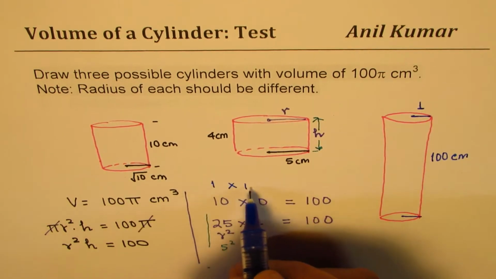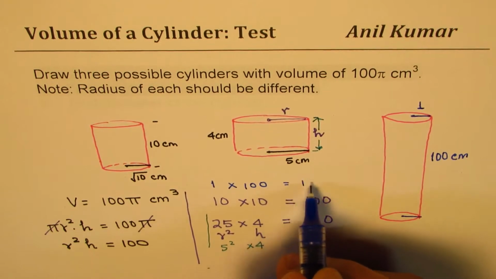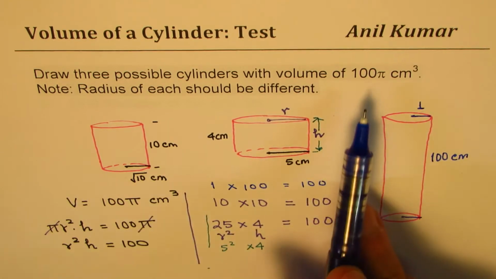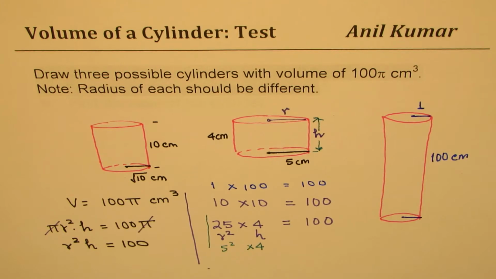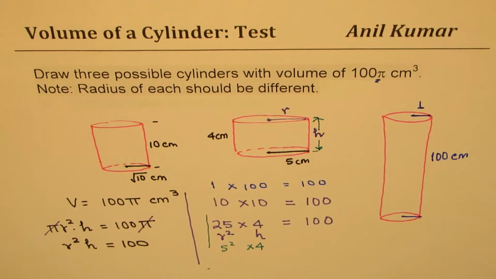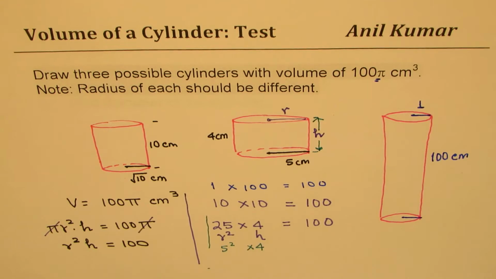So 1 times 100 is also a very good option, correct? So likewise, you can actually create different cylinders for the same volume. I have purposely taken pi so that you don't have to calculate decimal values, right? Now, let's move on and see other examples.